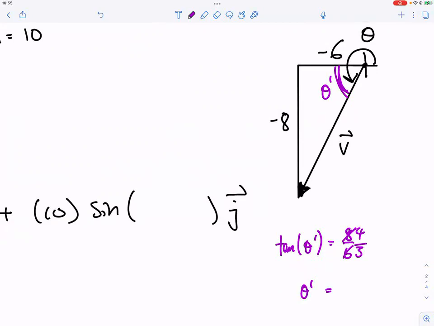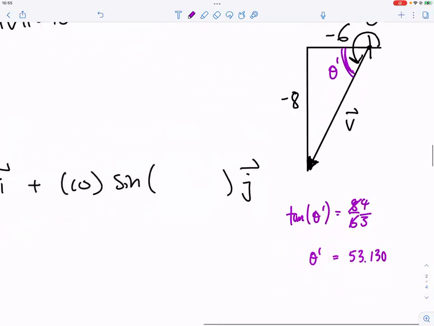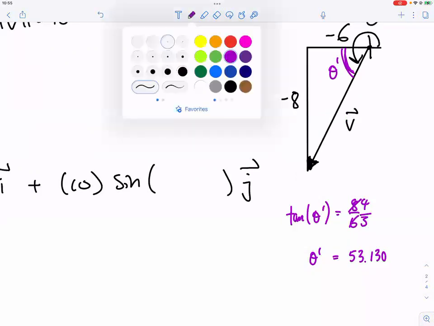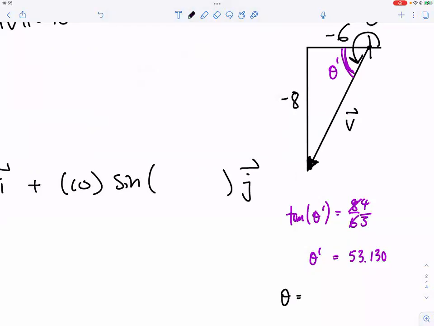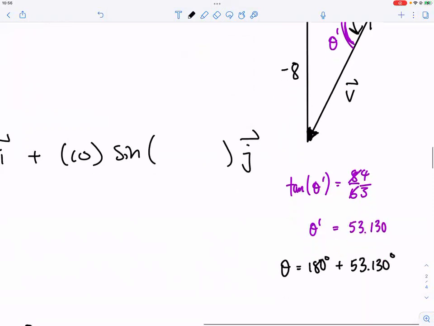So theta prime would be the inverse tangent of 4/3, and that gives you 53.130. And if the theta prime is 53.130, the actual theta will be 180 plus 53.130, and that is 233.130 degrees.